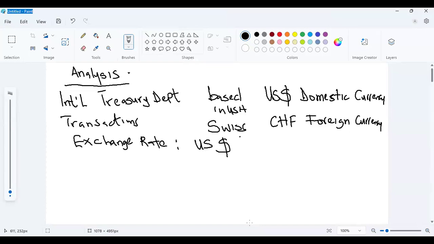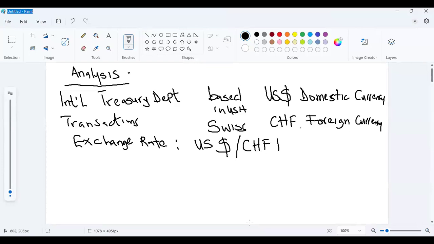Look at the exchange rate information the examiner has given us: United States dollar per 1 CHF. What type of quotation is this, please?